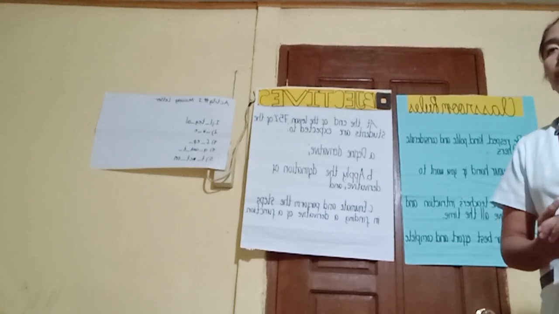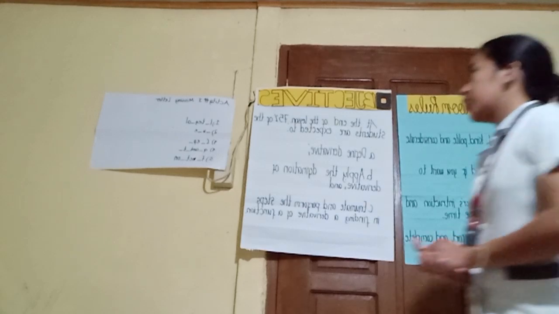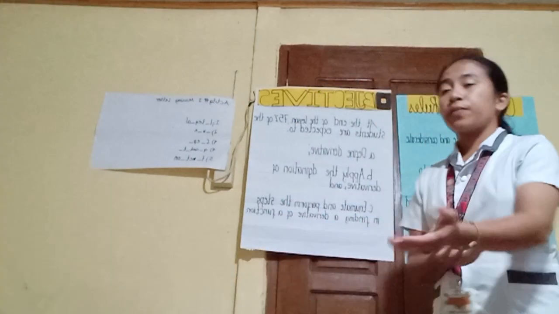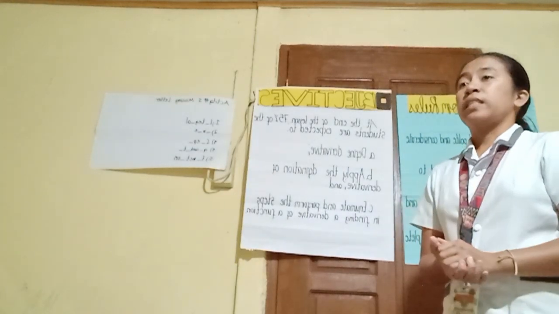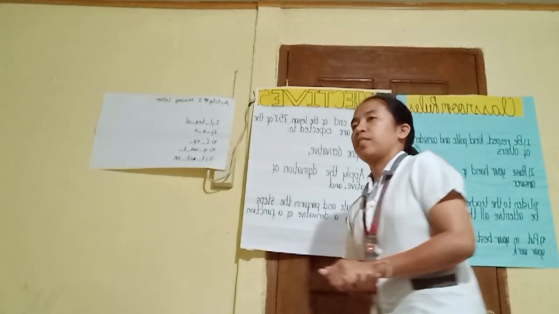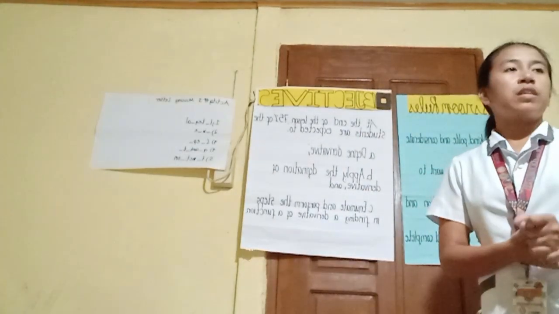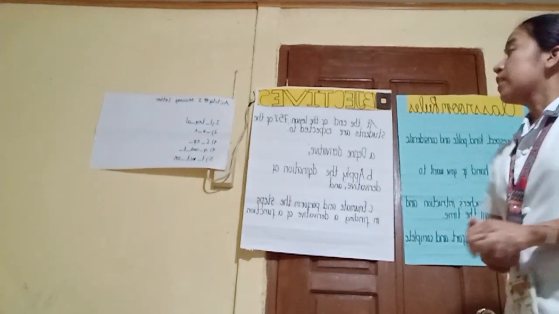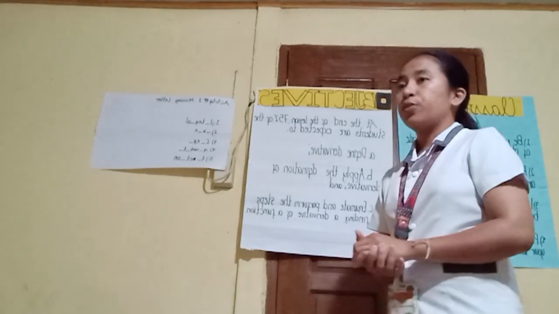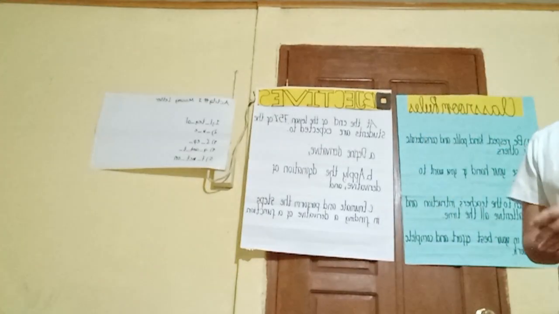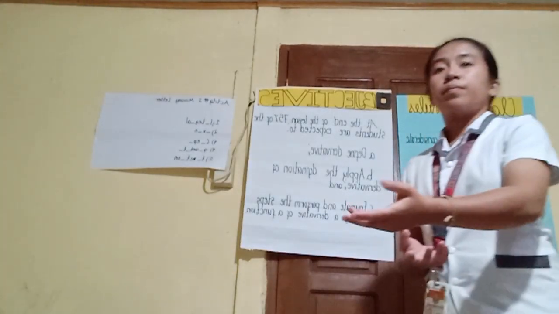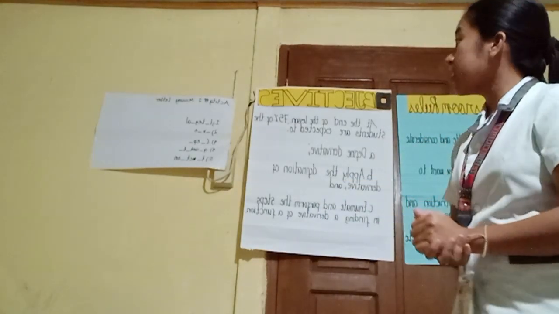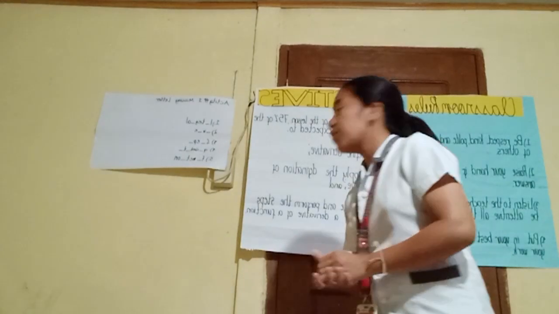Are you done? The answer to number 1 is integral. Correct. Number 2, who wants to answer? That's correct, the answer to number 2 is rule. Number 3, who wants to answer? Correct, number 3 is steps.